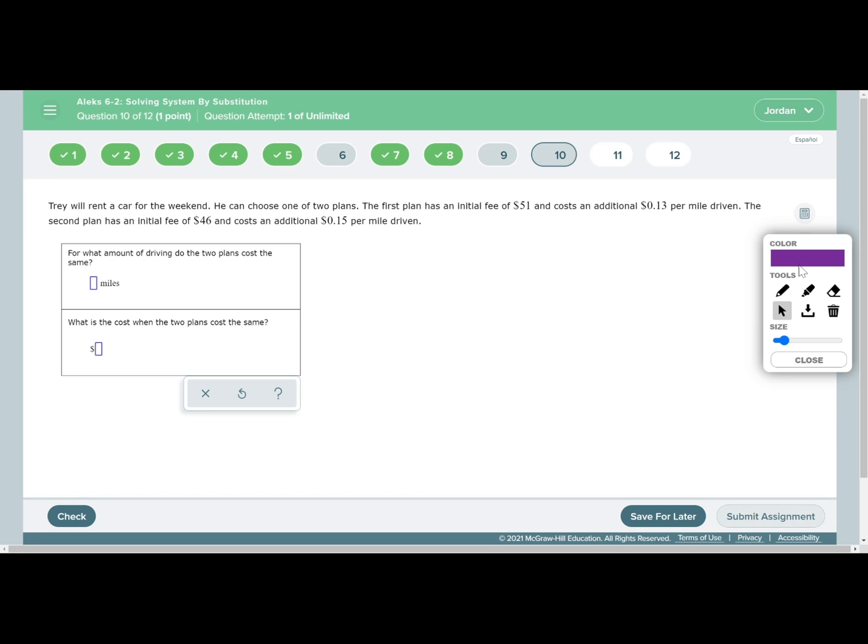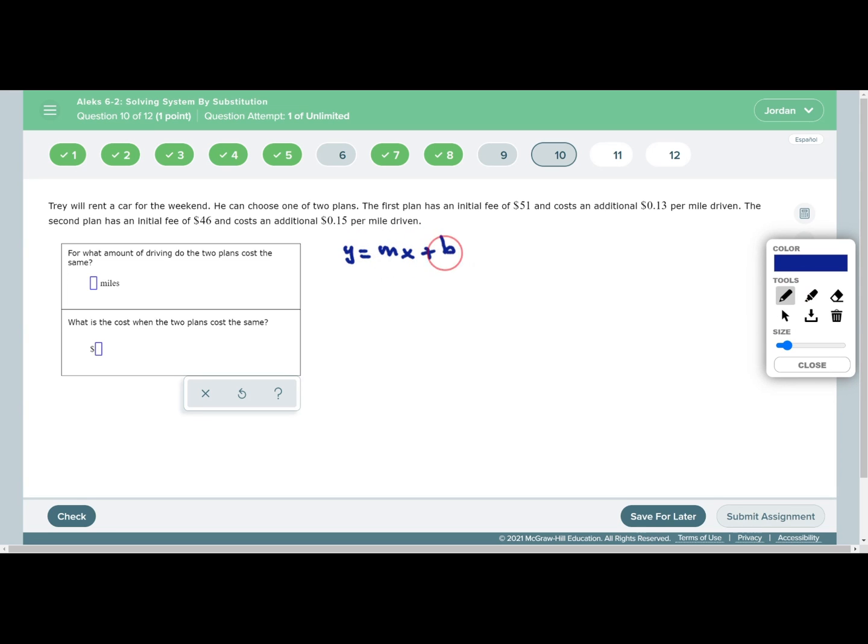So before we get into this, I want to make sure you still remember the following information. An equation that we're doing right now is a linear equation, y equal to mx plus b. The b will tell you the beginning. When you graph it, it tells you the starting point, the beginning.